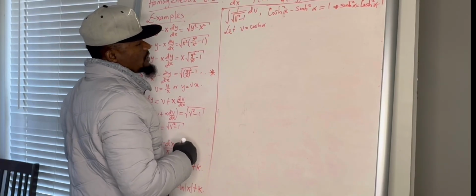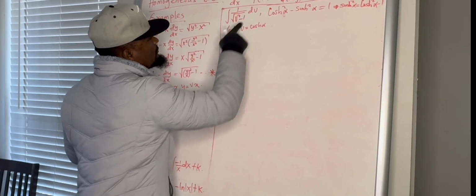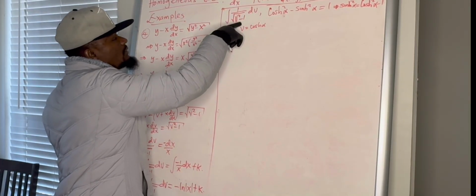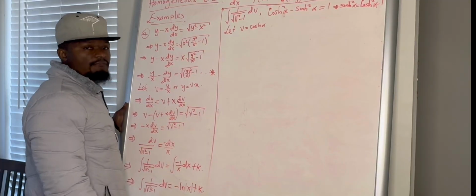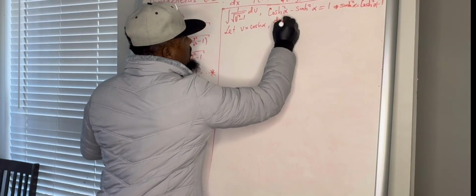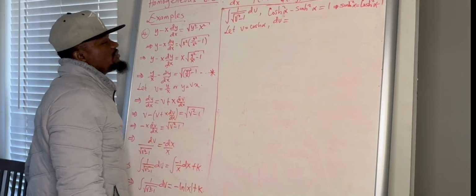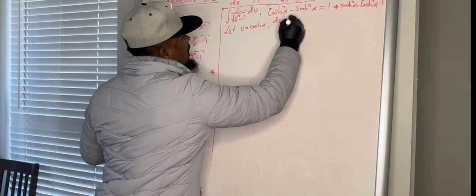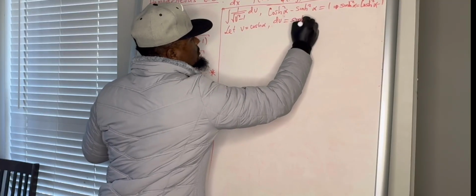If v is cosh alpha, we can find dv, because we can now substitute this and keep integrating without considering the differential of v. So dv is going to be, whenever you differentiate cosh alpha, you're going to have sinh alpha d alpha.